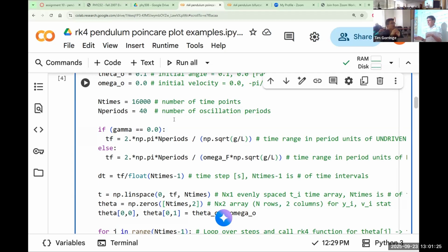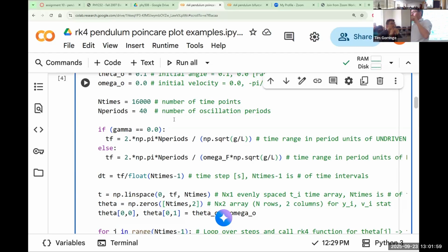Does that make sense? But how do you know it's 40? It's because the time is 80 pi. I'm just choosing to make the time range. This is my definition of the time range here. Maybe I wasn't clear about that. I'm defining the time range to be 2 pi over the square root of g over l, which is the natural period.